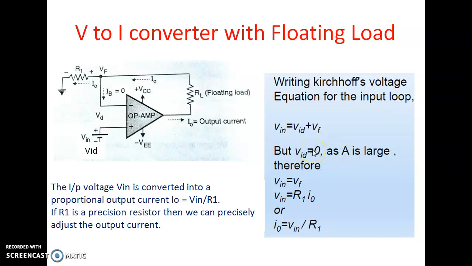So Vin is equal to Vf, which is R1 into I0. As Ib is equal to 0, we can write I0 equal to Vin upon R1. So the input voltage Vin is converted into a proportional output current I0, equal to Vin by R1. If R1 is a precision resistor, then we can precisely adjust the output current. Some typical applications of the voltage to current converter are DC and AC voltmeters, LED and Zener diode testers, etc.